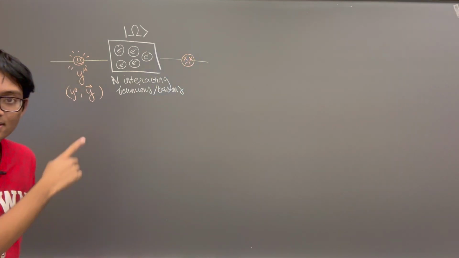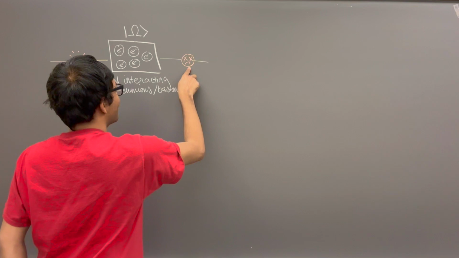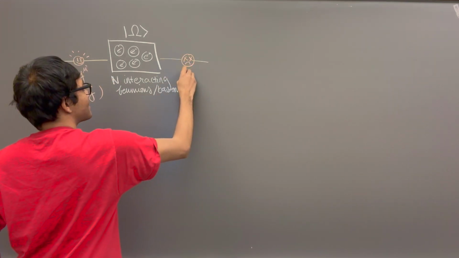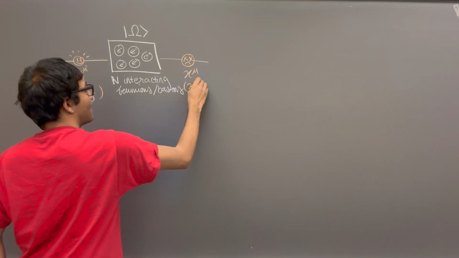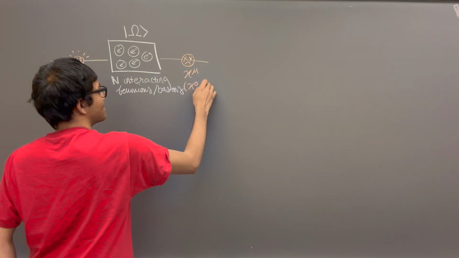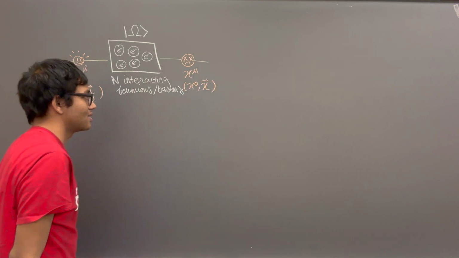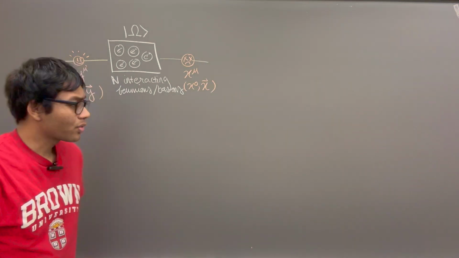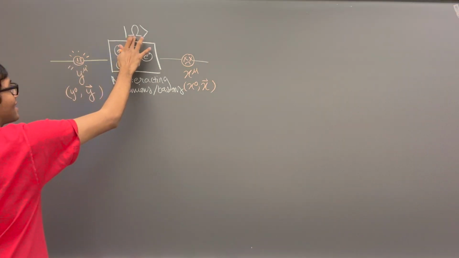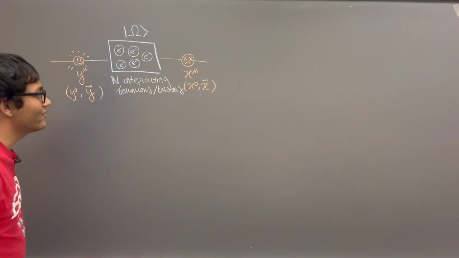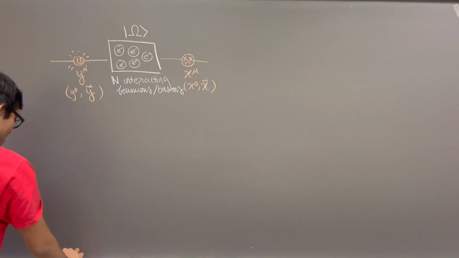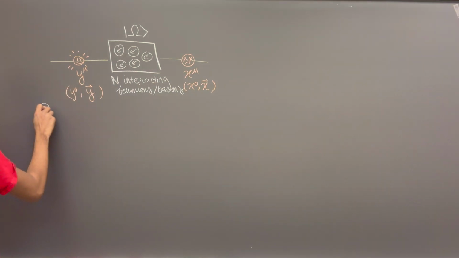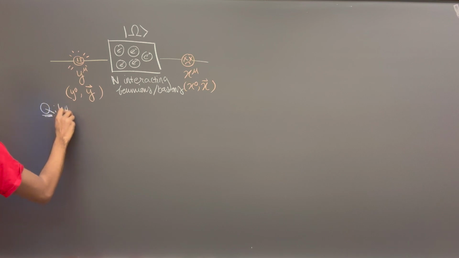It's going to get shot out the back, and it's going to get annihilated at some space-time coordinate x mu, which has a temporal coordinate of x0 and a position coordinate of vector x. So the question is, what is the probability that our system is in the ground state even after our particle has interacted with it? Okay, so let me write that question down. Question: what is the probability?